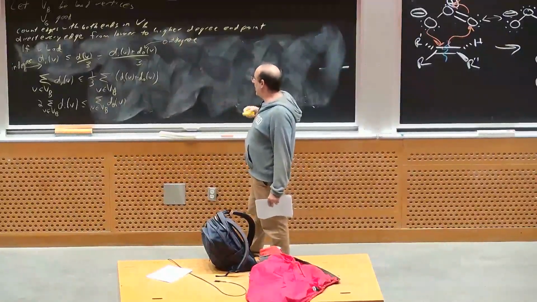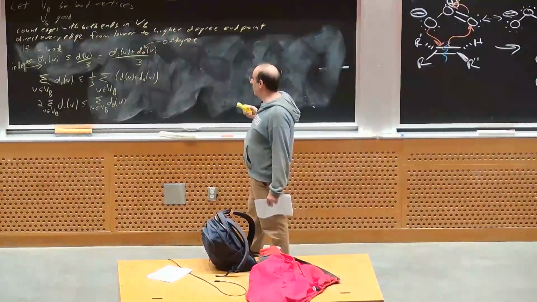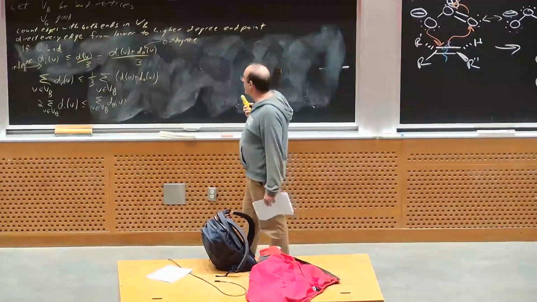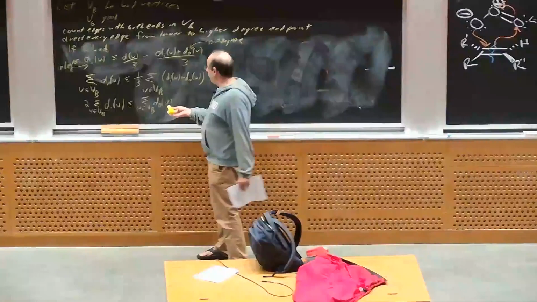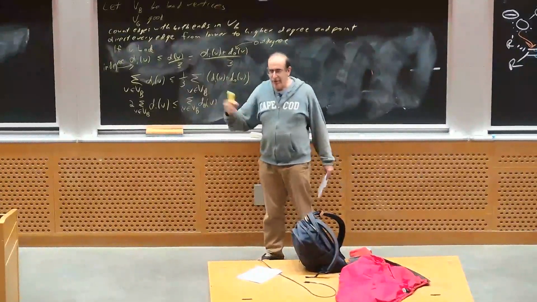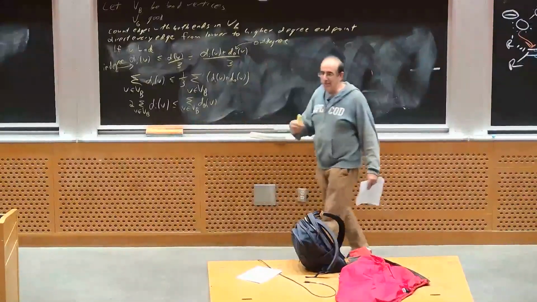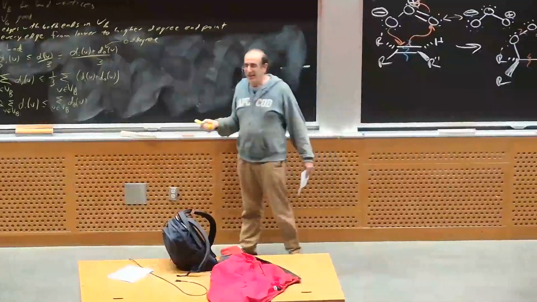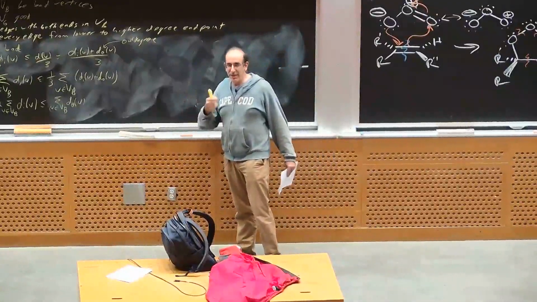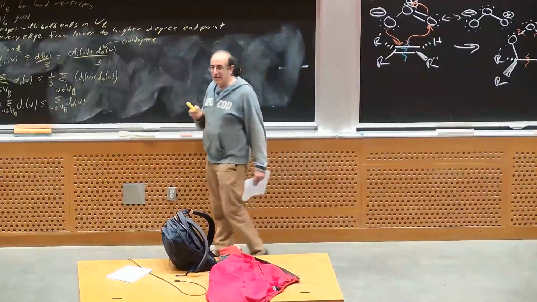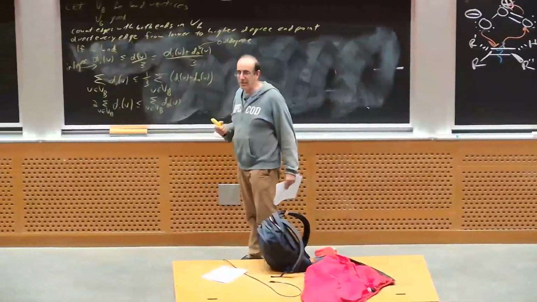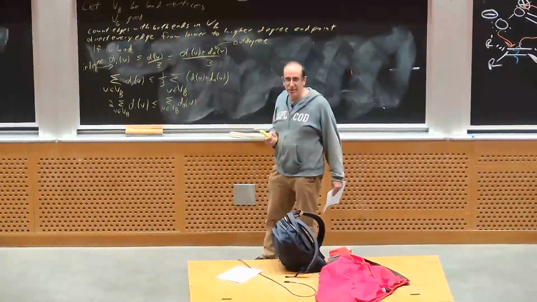So I can go through the math if we need to, but let me see if I can convince you about this intuitively, right? D out of V is looking at all of these edges that are leaving bad vertices, right? There's a certain number of edges leaving a bad vertex. The total number of those edges is the sum of the out degrees of the bad vertices, right?